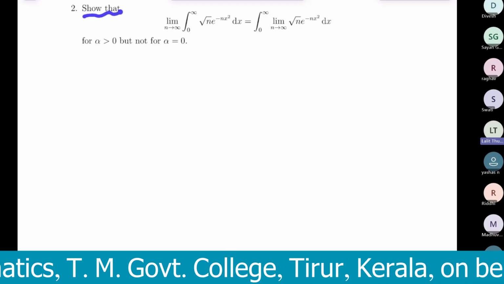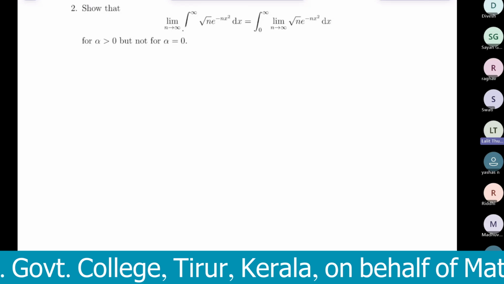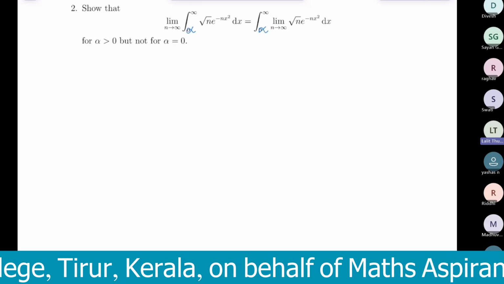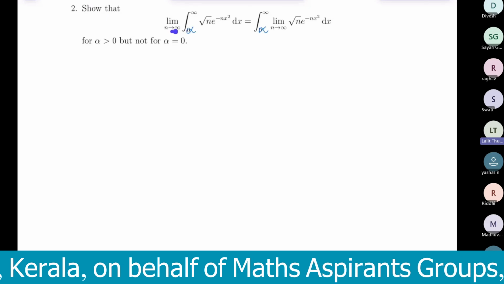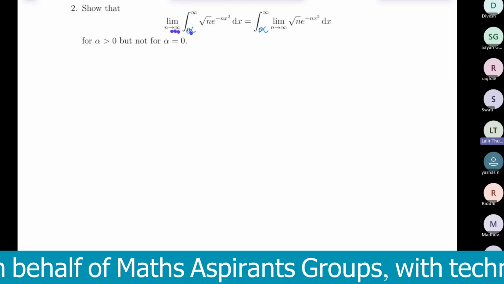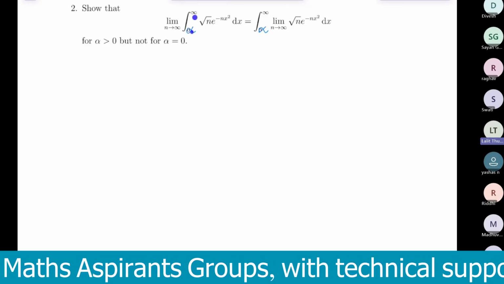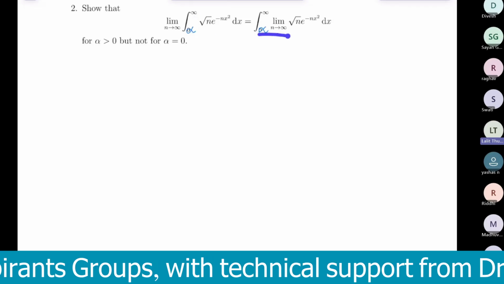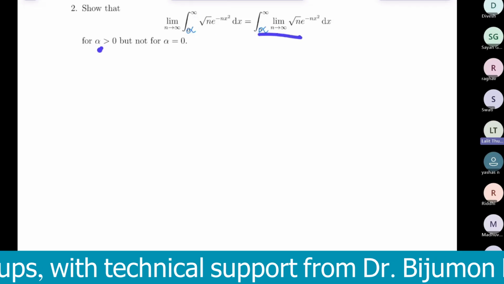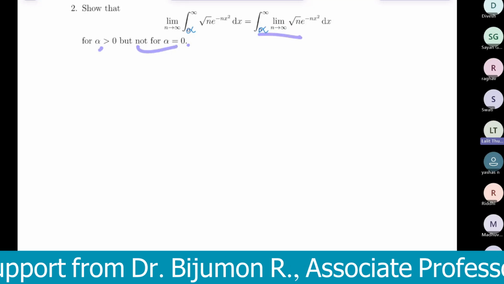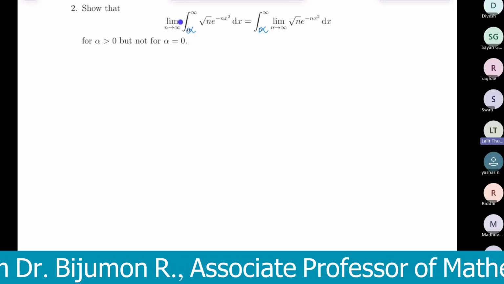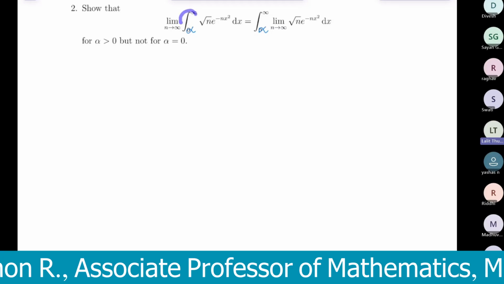By the way, here it is alpha, not zero, alpha. So that limit as n tends to infinity, alpha to infinity, this is equal to this, when alpha is greater than 0, but not for alpha equal to 0, right? So this is an exchange of limit, okay?